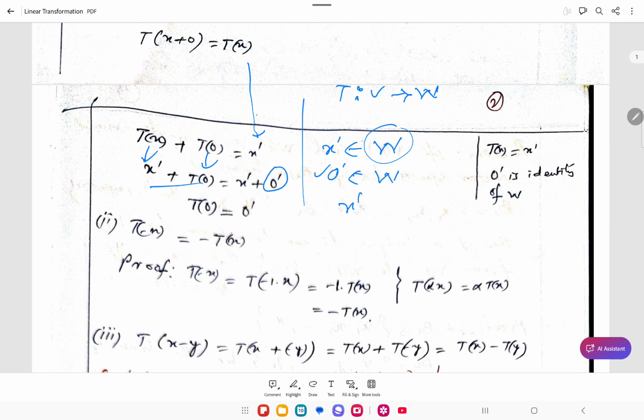So any vector x dash plus the zero vector 0 dash is equal to x dash itself. That's why we can add 0 dash here.